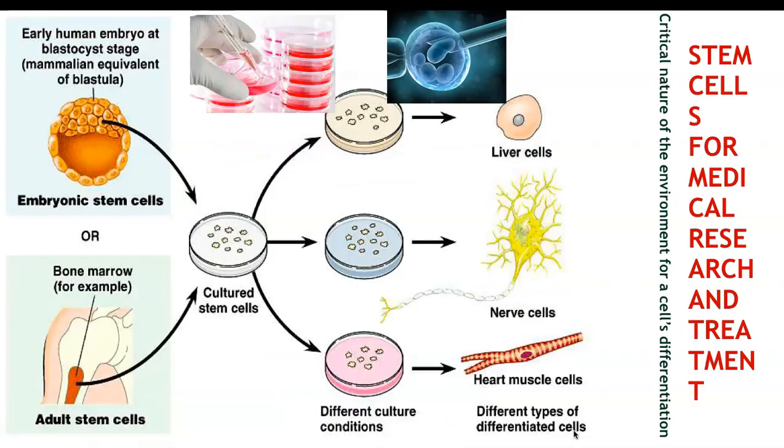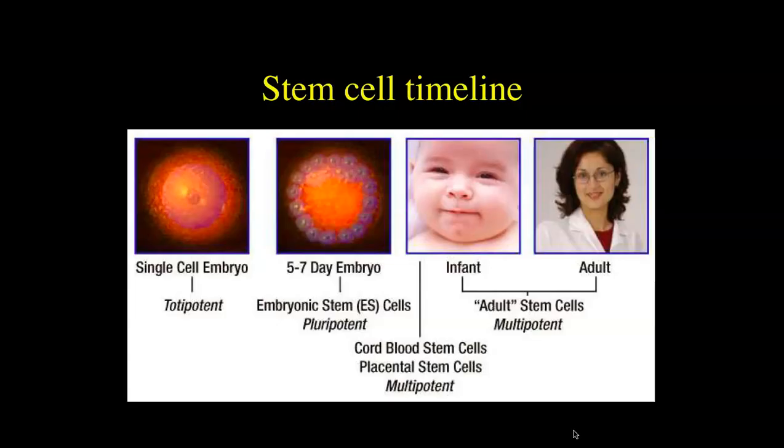Now if these inner cell mass cells are cultured outside, that is, in vitro cultivation is done, and they are provided with different culture conditions, they will develop into a particular type of cell, whatever condition we have provided them to grow in vitro, right?